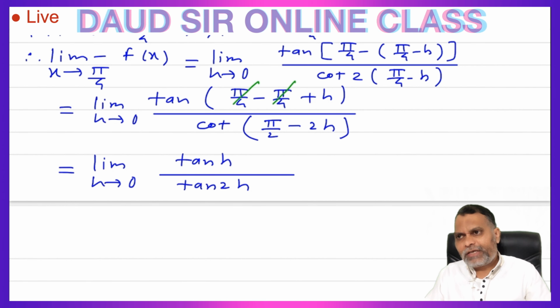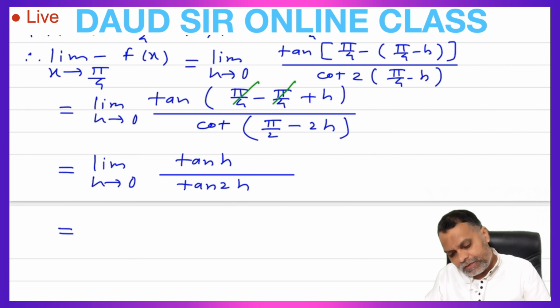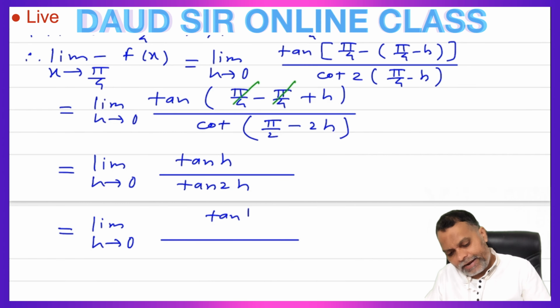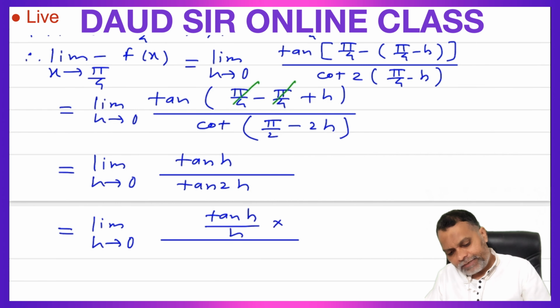Now we can take the limit here, limit h tends to 0. tan h, divide by h and multiply by h. Here tan 2h, divide by 2h and multiply by 2h.